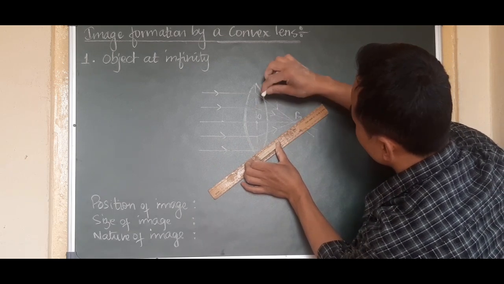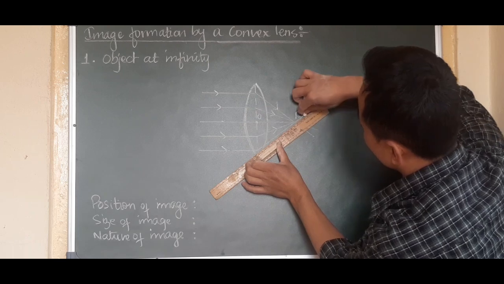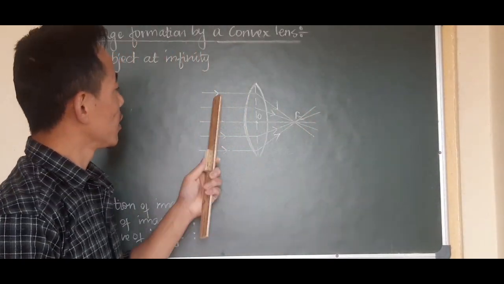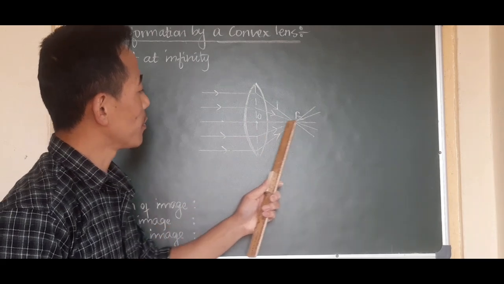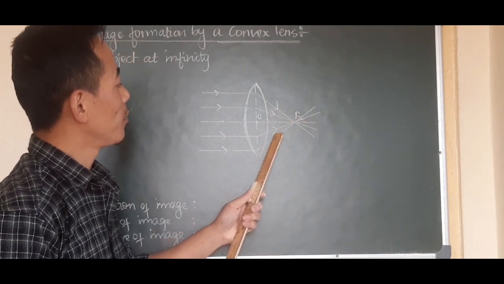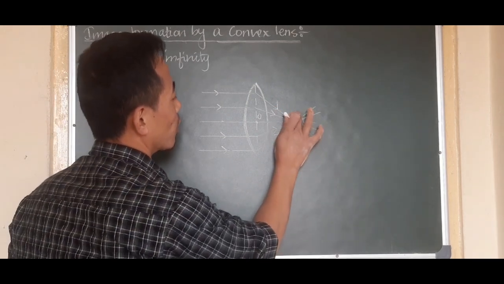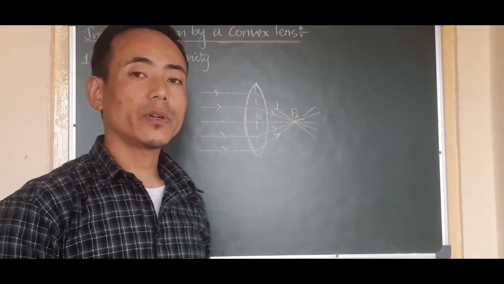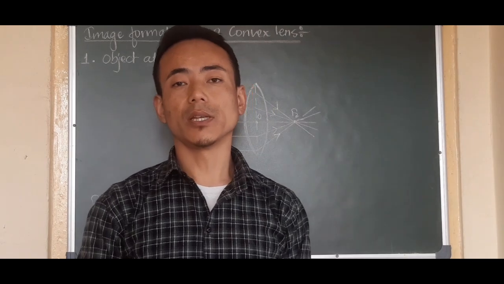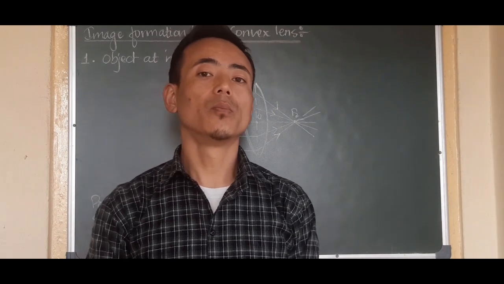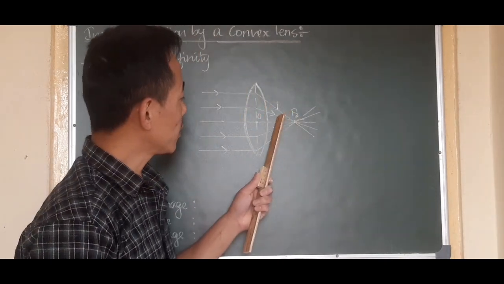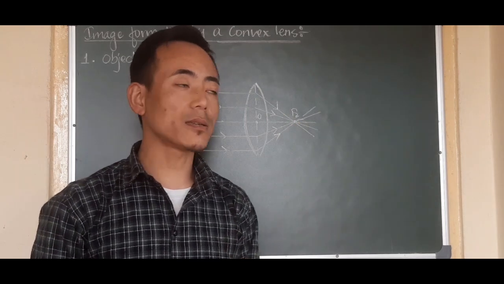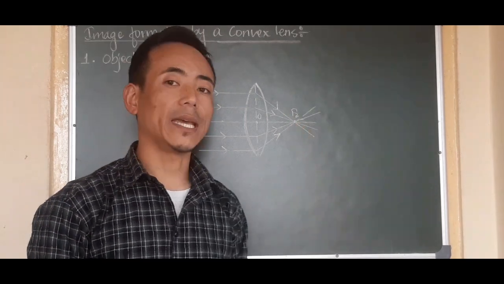You just have to remember the rules. That is very simple. Here we have used the first rule only. If the incident ray is parallel with the principal axis, then the refracted ray will pass through the second focus. This point here is f2. And wherever the refracted rays intersect, the image will be formed at that particular point. Here all these refracted rays are intersecting at the same point, that is f2. So the image will be formed at the point f2.